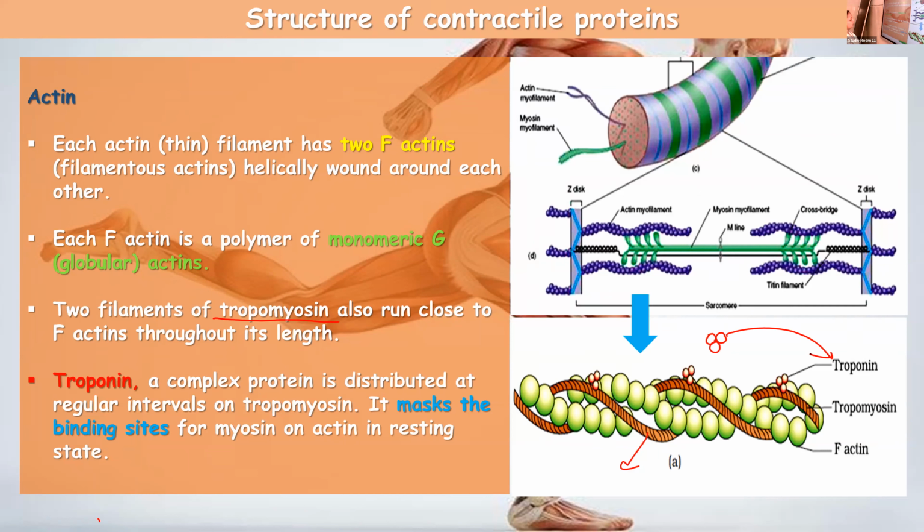It's a complex protein that you can also see scattered at regular intervals on tropomyosin. And the role of troponin is to mask the binding sites for myosin on actin in the resting state.